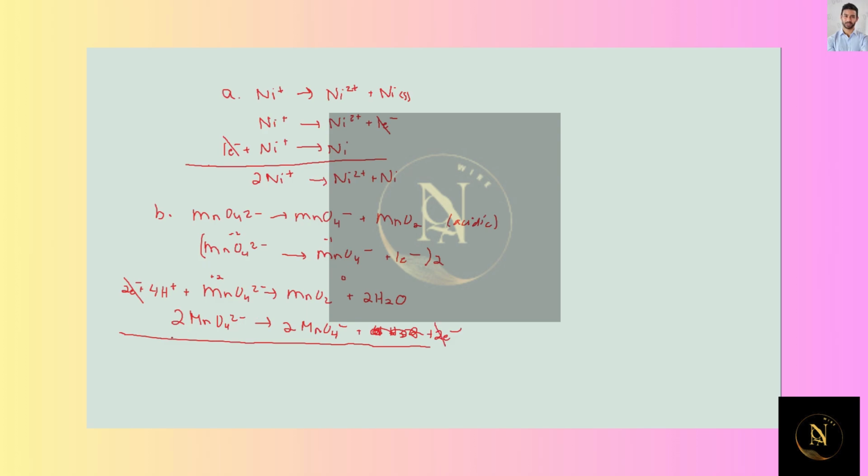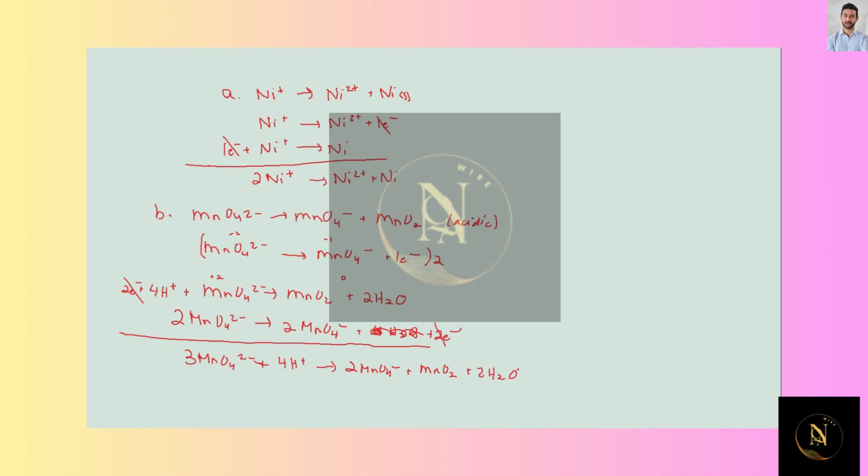And then I'm going to be adding, I have 2 MnO4 2- here and 1 here, so that's 3 MnO4 2-. Plus I still have my 4 H+. And that is going to yield the 2 MnO4- plus the MnO2 and the 2 waters.